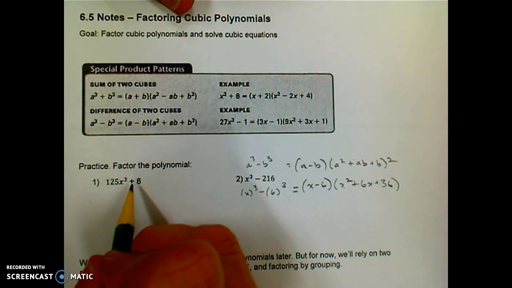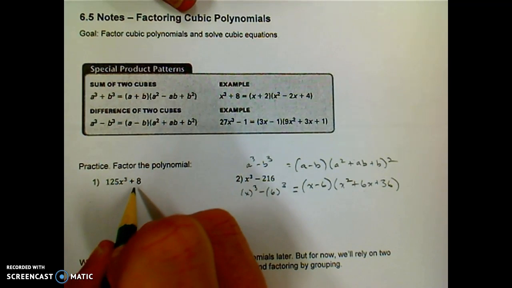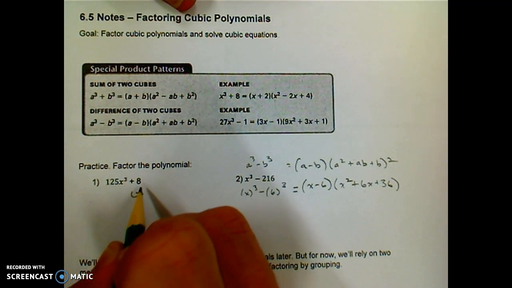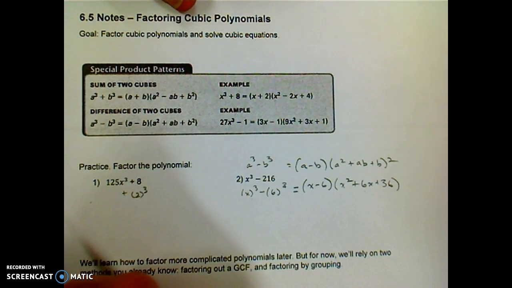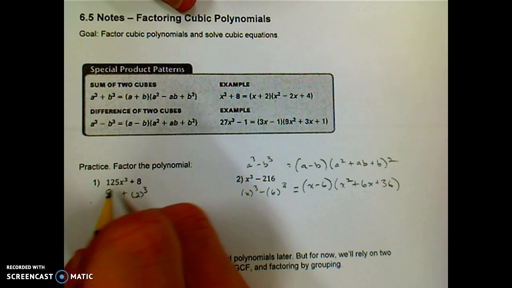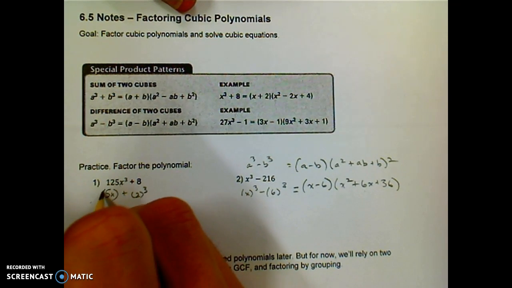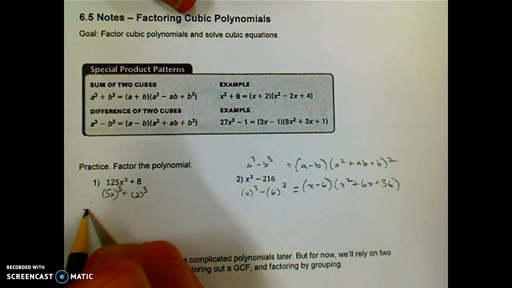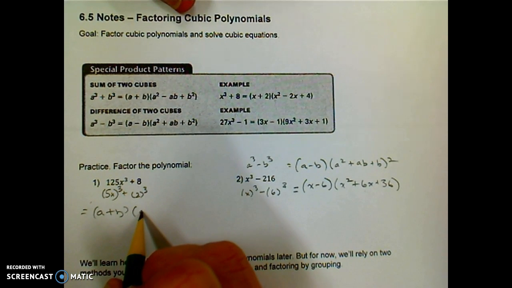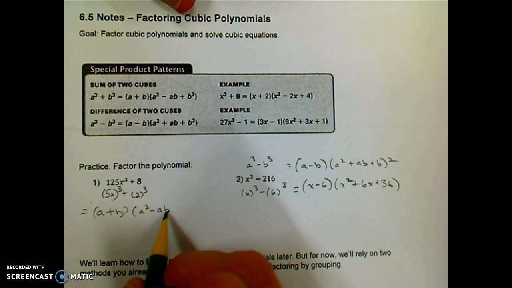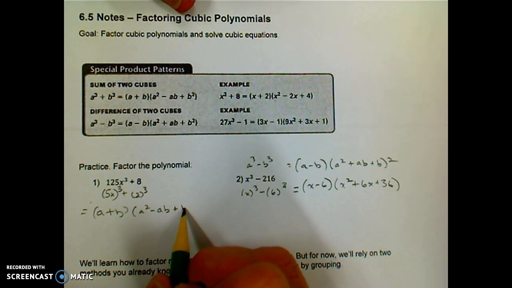Similarly, the sum of two perfect cubes. 8 is 2 to the third power. 125, that's 5 cubed, and we have x, so 5x to the third power. So a plus b, a squared minus ab plus b squared.